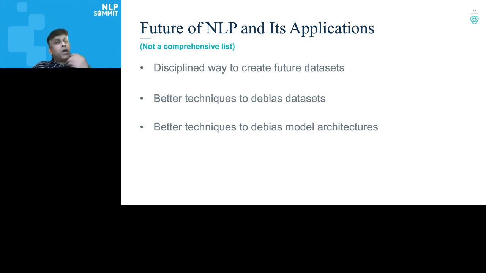We can use better debiasing techniques to scrub out all these inherent and unconscious biases. There are quite a few techniques that are being tested right now, but further work is required. Similarly, continuing on the current theme of changing architectures, we should build models that ignore biased data while still preserving the performance of the model.